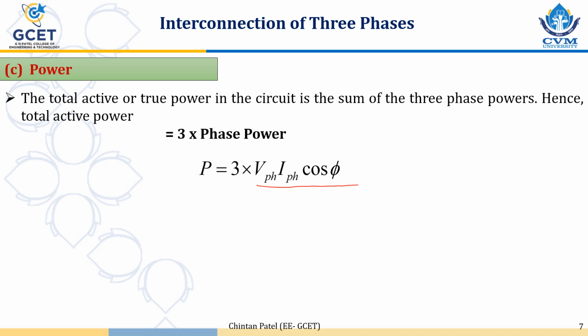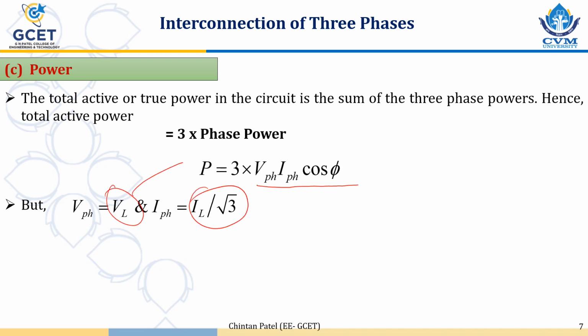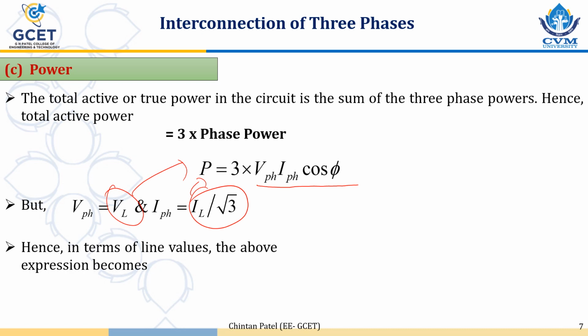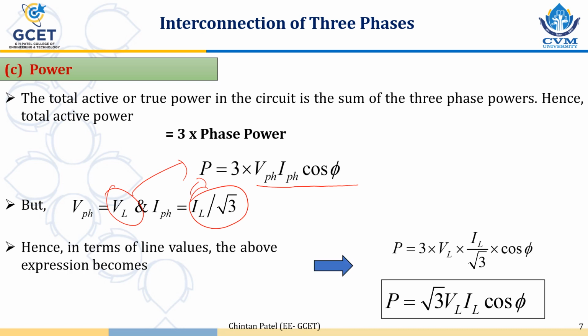Now in place of VPH and IPH, we can put the relationship of voltages and currents, and we know that V phase is equal to VL and I phase is equal to IL upon root 3. So put these two values in this equation. So we will get P is equal to root 3 VL IL cos phi. This is power in watts.